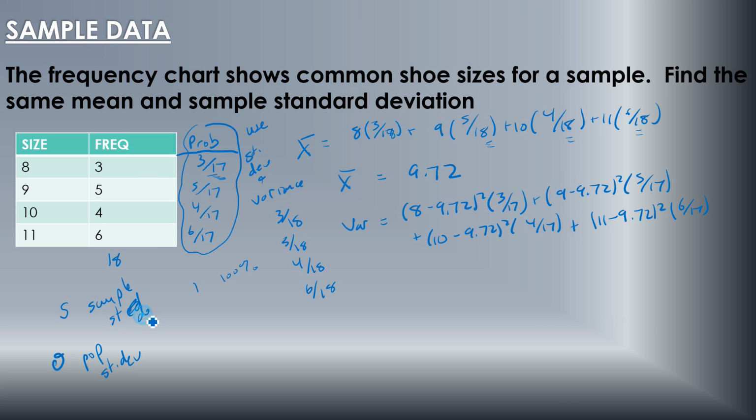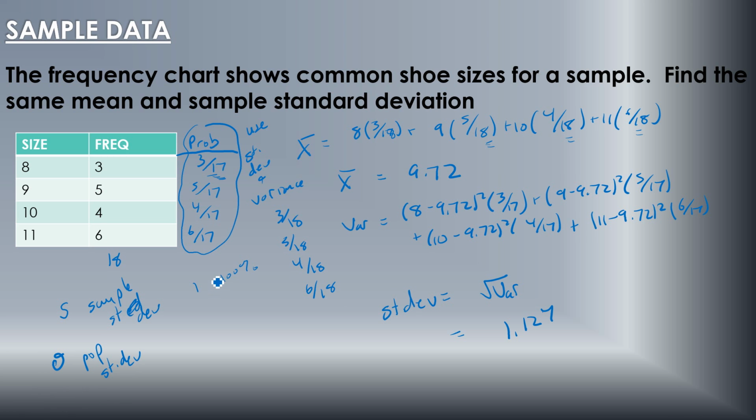That's what you'll be looking for, if you know that you are indeed working with a sample. Okay, so that gives us our variance, and then our standard deviation is going to be the square root of our variance, and in the end, in this case, we should get about 1.127, okay?